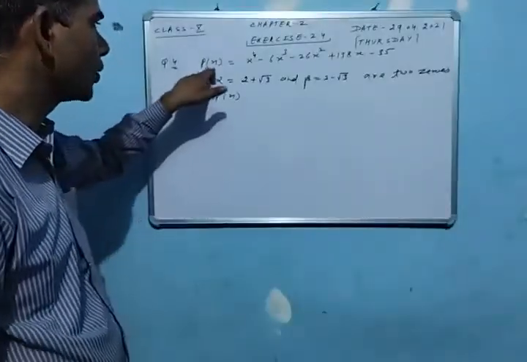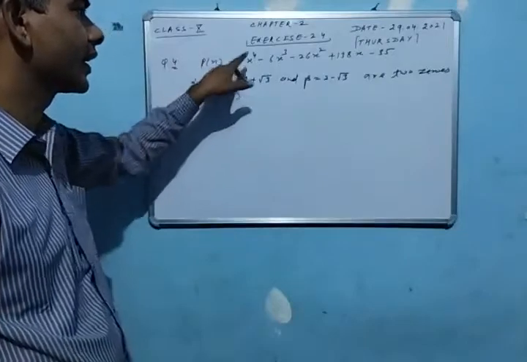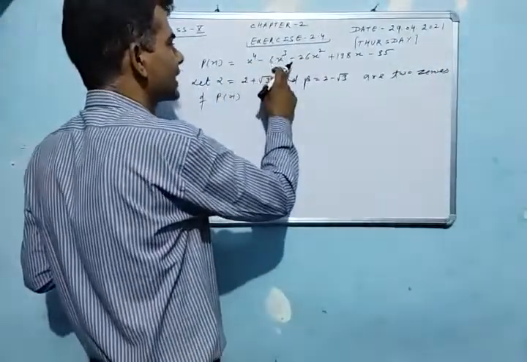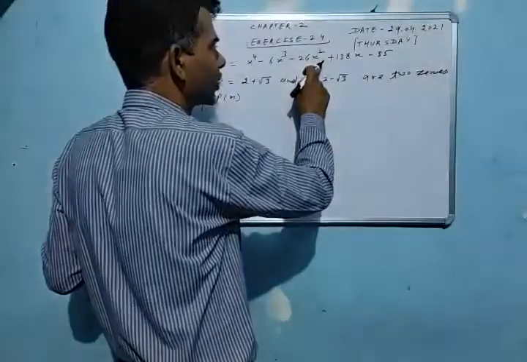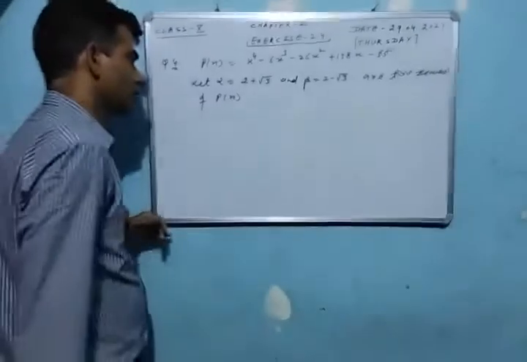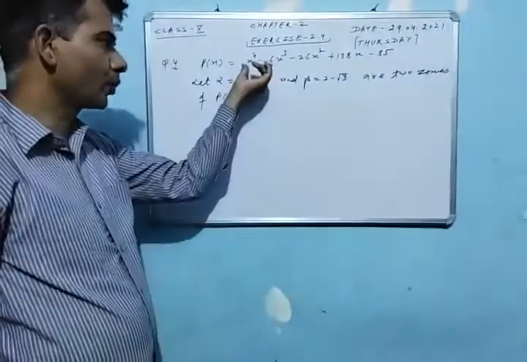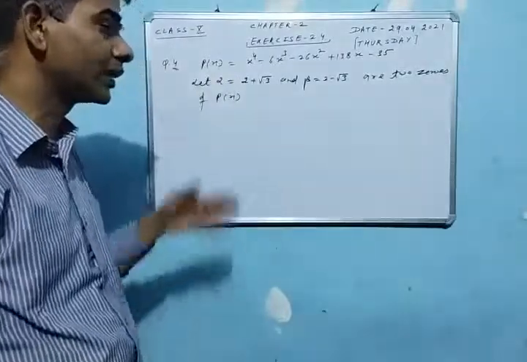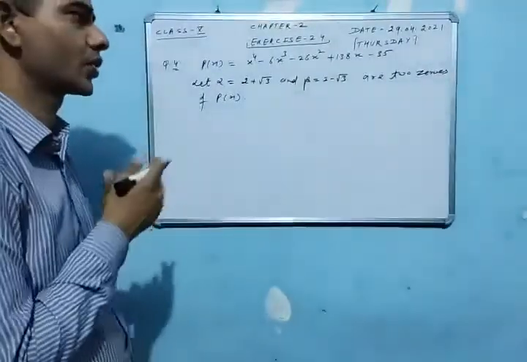Now students, P of x, a bi-quadratic polynomial, is given, that is x raised to power 4 minus 6x cube minus 26x square plus 138x minus 35. Students, it is a bi-quadratic polynomial. As you know, if it is a bi-quadratic polynomial, there will be four zeros.